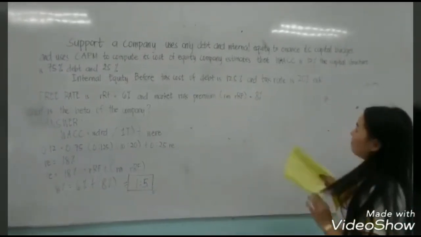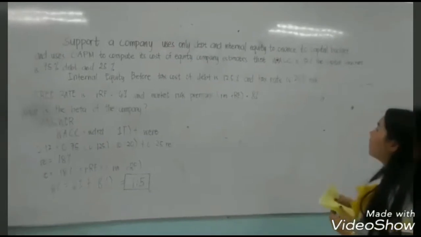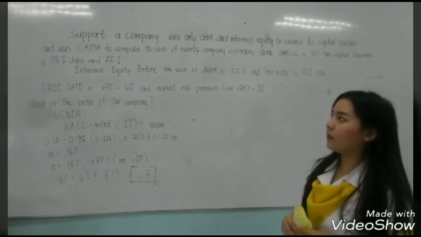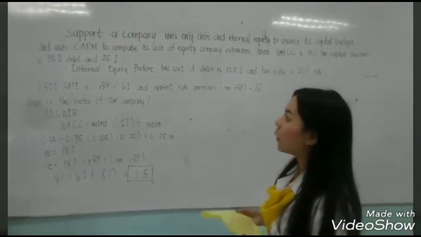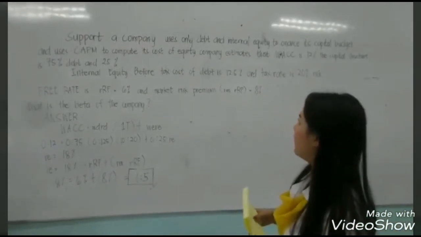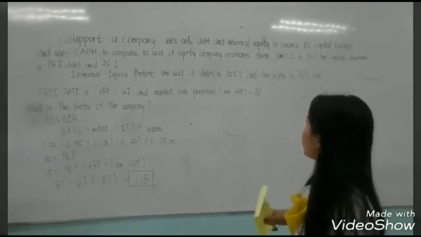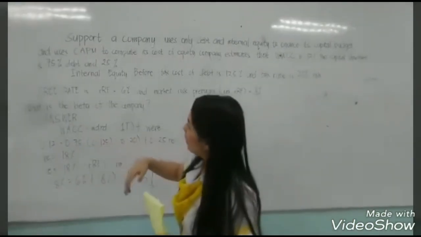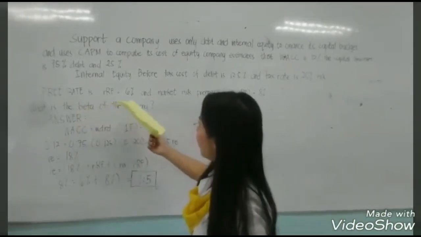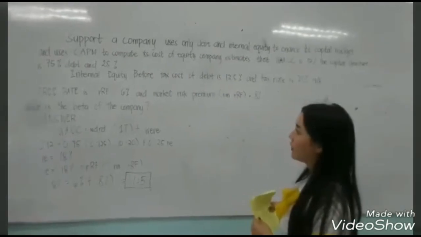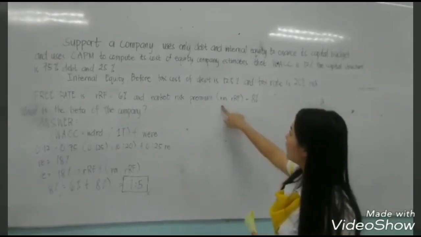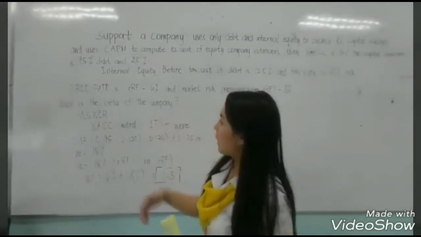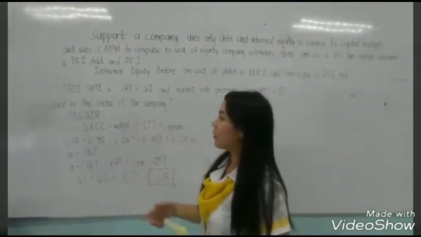Company estimated that WACC is 12%, the capital structure is 75% debt and 25% internal equity, before-tax cost of debt is 12.5% and tax rate is 20%, risk-free rate is 6% and market risk premium is 8%. So, what is the beta of the company? Then, ito yung answer ko.